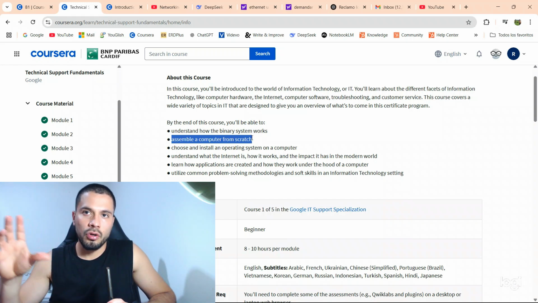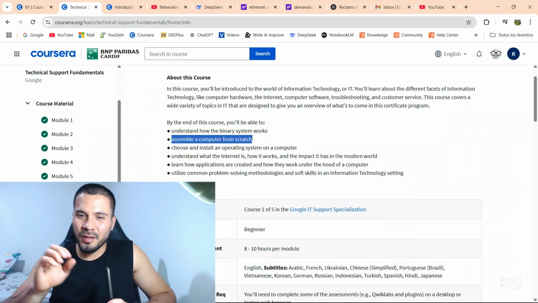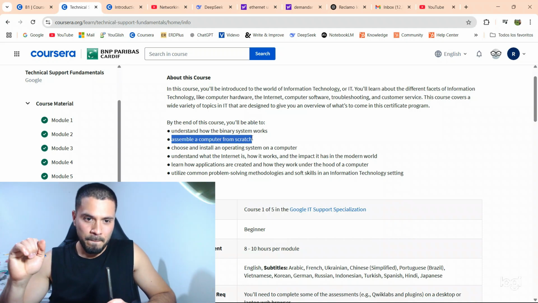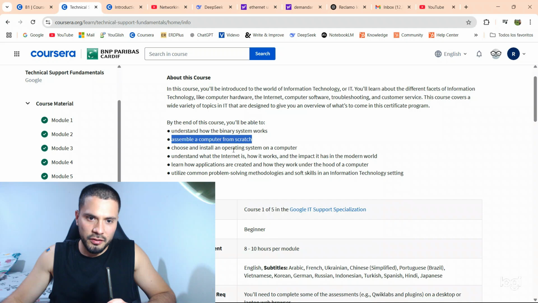Then you turn on your computer and press F12, and consequently you indicate where the operating system is supposed to boot from, and then you just follow all the instructions. It's not a very complicated process.